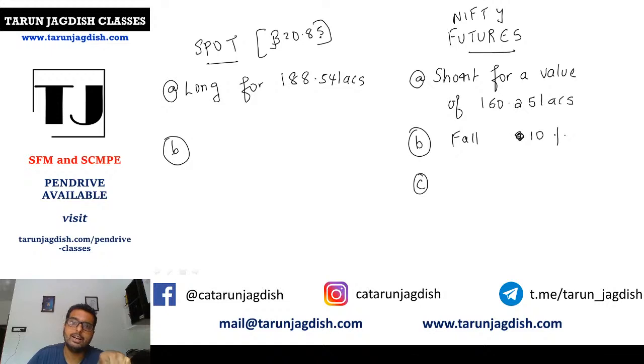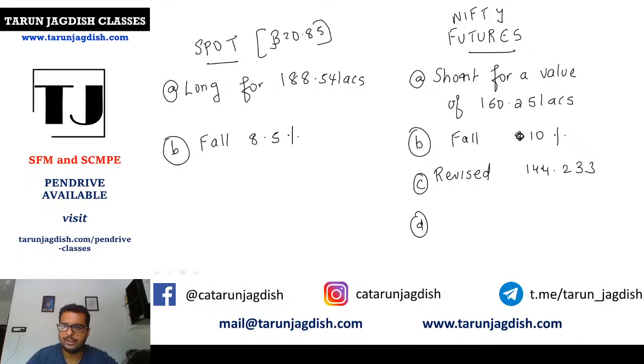Hence, if the market falls by 10 percentage, this will fall by how much percentage now? 8.5 percentage. All right. So what is the revised value that I will get as far as the Nifty is concerned? 160.259 minus 10 percentage will be 144.233.